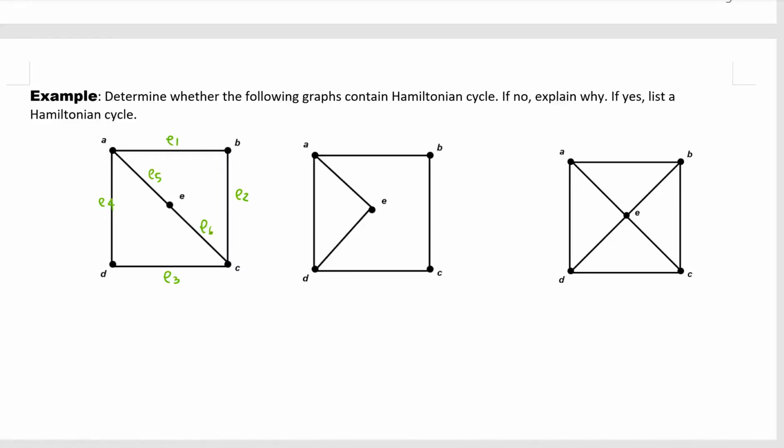We have 5 vertices, so a Hamiltonian cycle must have 5 edges. There are 6 edges, so we need to eliminate 1. Let me put down that we have 5 vertices.